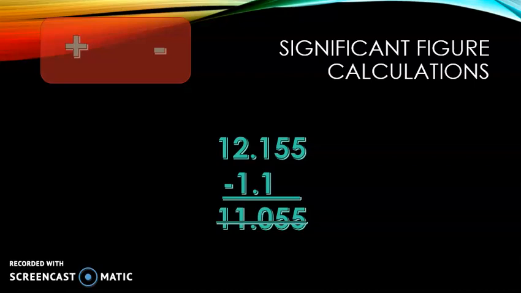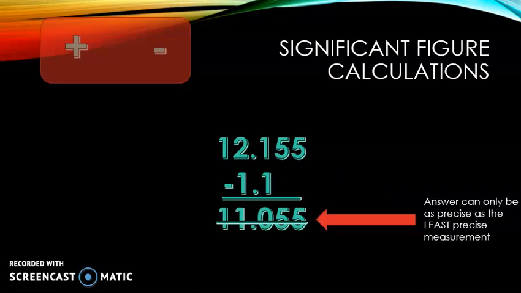Let's take a look at both of our measurements again. Obviously, that 12.155 is way more precise. It was measured with a lot more care. Whereas this 1.1 has much lower precision. It was not measured with as much care or with a better instrument. We really can't have our answer being any more precise than our worst measurement, and that's the 1.1.